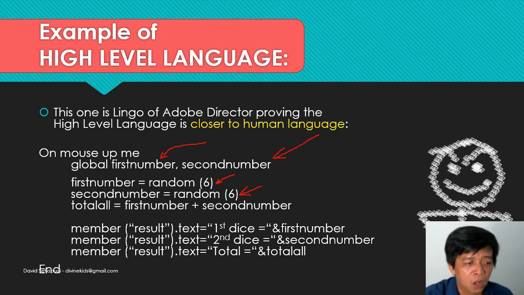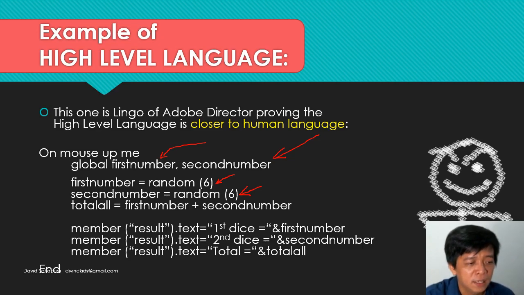So totalAll equals firstNumber added to secondNumber. So let's say the first random is 3 and the second number is 1. So the totalAll will be 4. That's right.